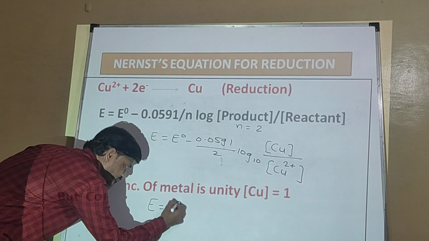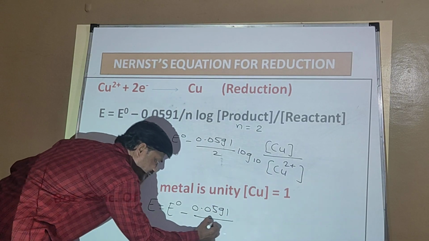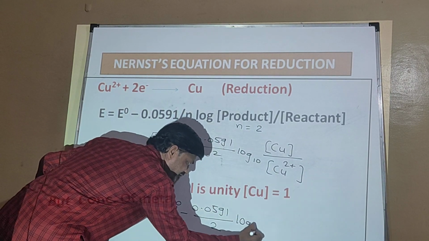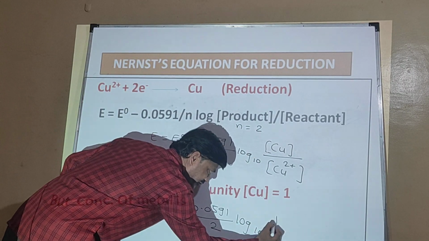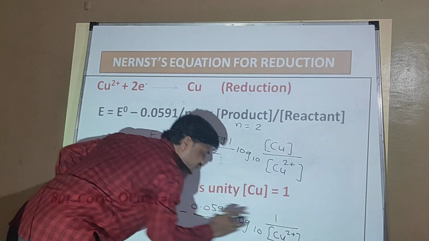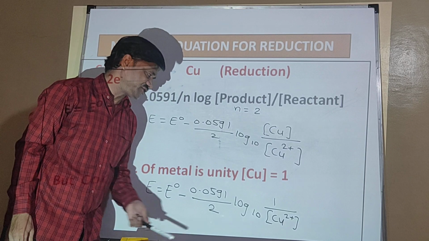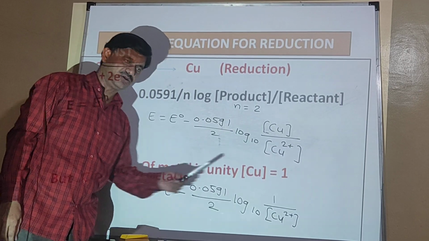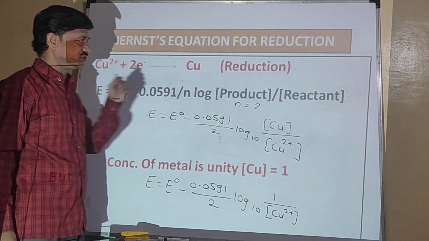E equal to E0 minus 0.0591 by 2 log. Tell me here, the pure metal copper has concentration unity. So in this case, which value is to be considered? The reciprocal of copper ion concentration. This is considered for log. So this is the Nernst equation for which phenomenon? Reduction.